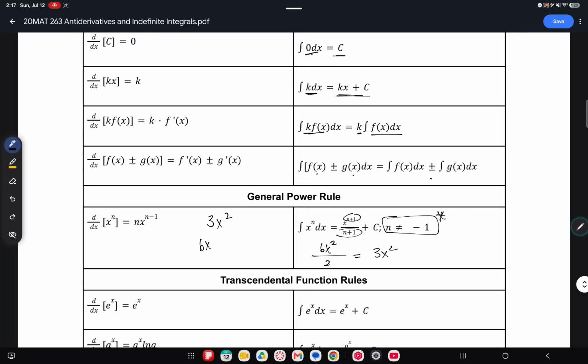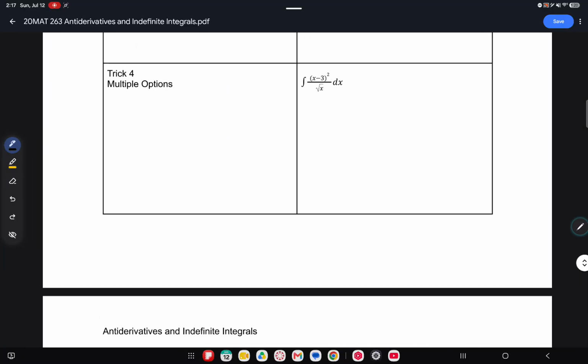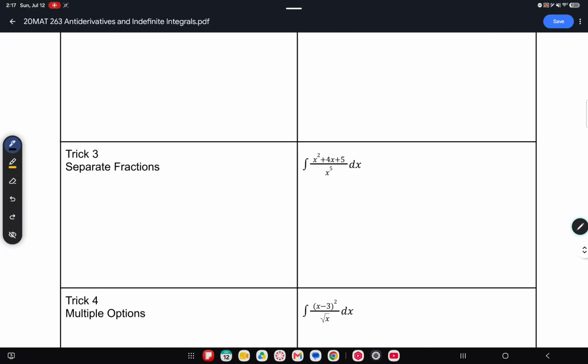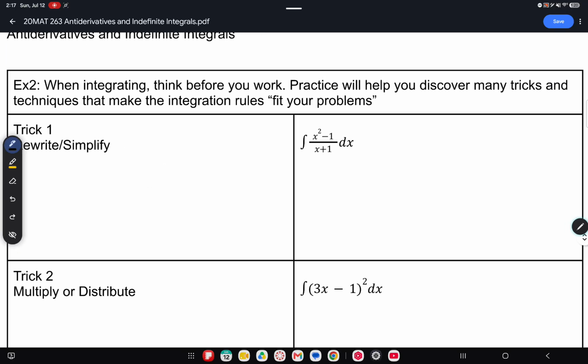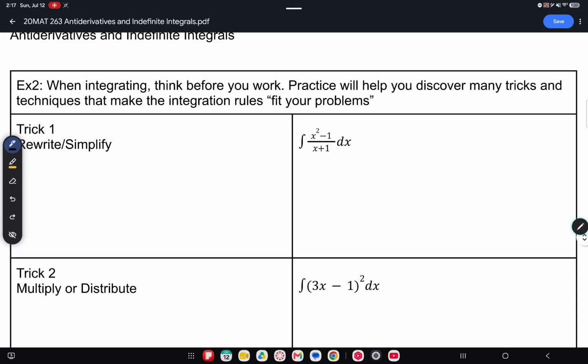All right, so let's go back up to these tricks here and use them. So we might want to rewrite or simplify the functions before trying anything. So I could probably rewrite that as x plus 1, x minus 1 over x plus 1 dx. And then I can cancel out my x plus 1s.